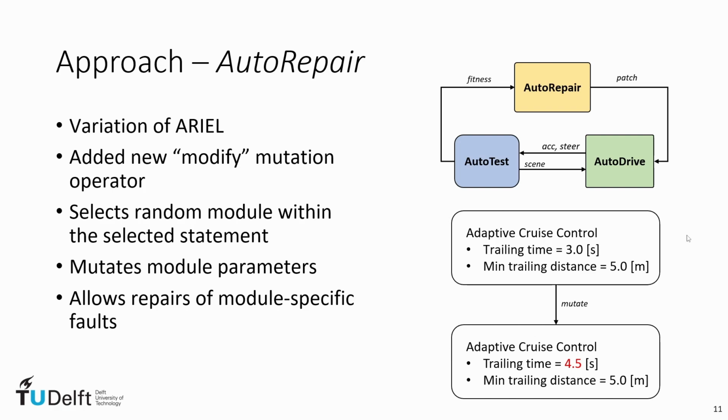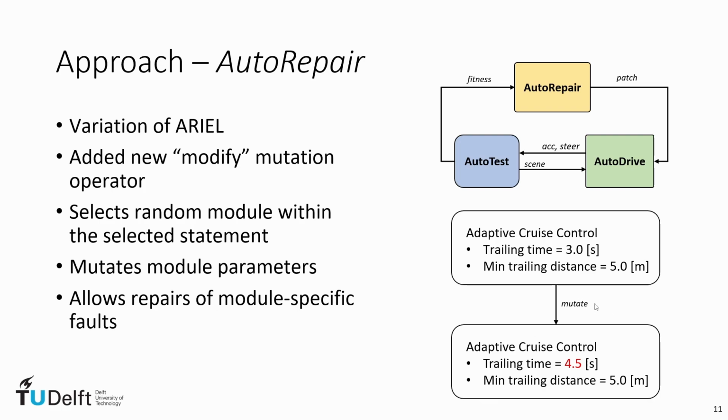So let's look at an example. So here we have the adaptive cruise control module. Let's say that it has two parameters, a tailgating time of 3 seconds. So the tailgating time is the time that it should have in front of the car that's in front of the ego car, and a minimum tailgating distance of 5 meters.